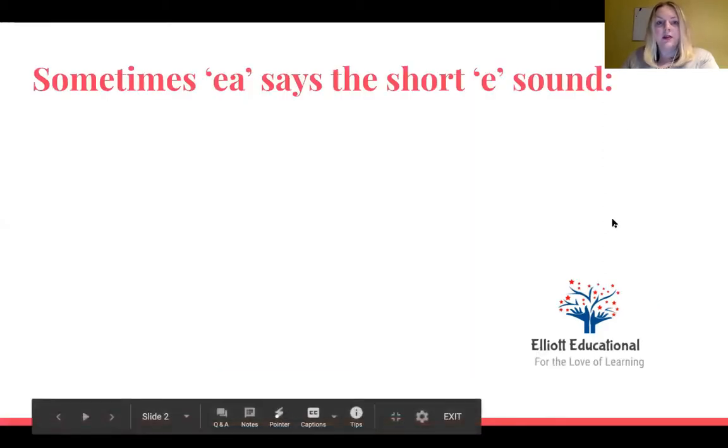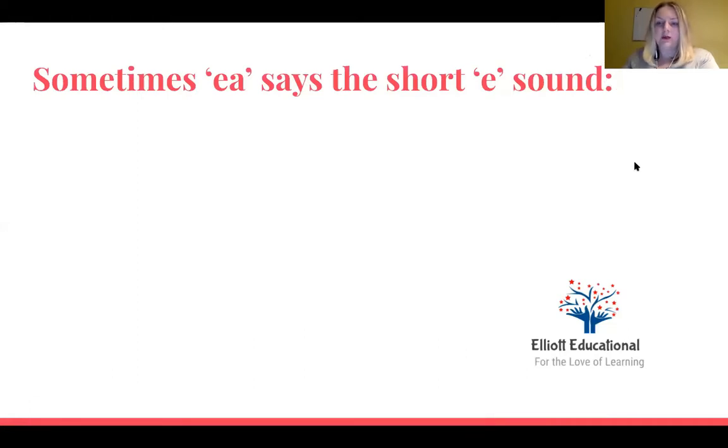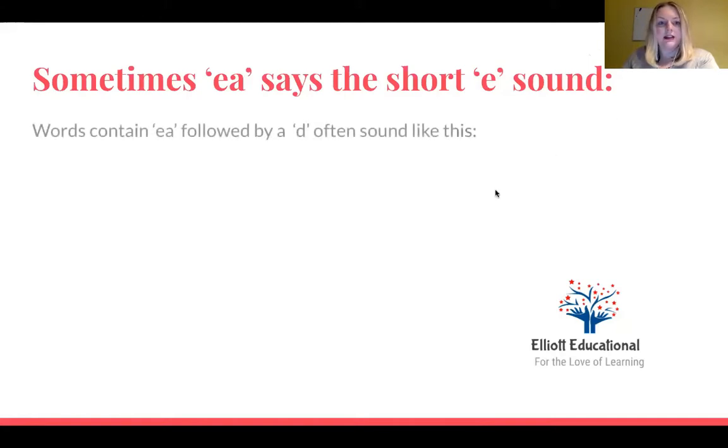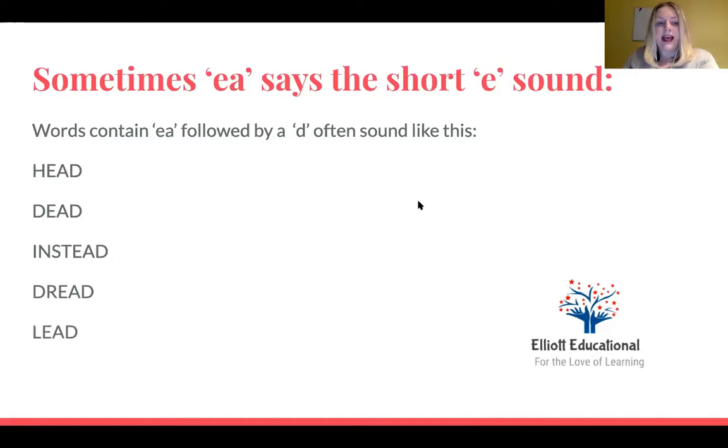So sometimes the E and the A say what we might describe as a short E sound. So if I were to just demonstrate that, I could show the fact that these words are often followed by a D. So if we have a word with E, A, and D, it's often the E and the A are pronounced E. So this happens in words such as head, dead, instead, dread, lead, red.